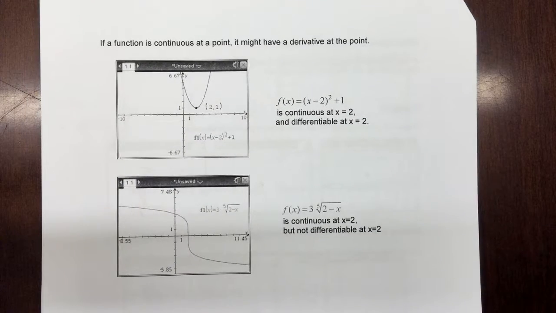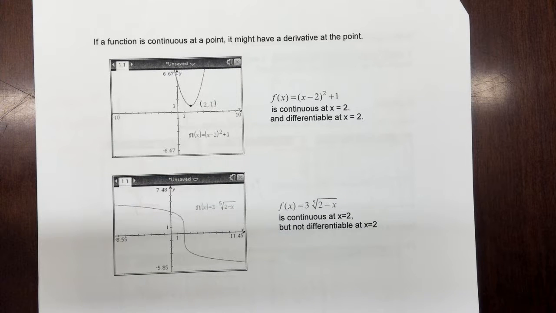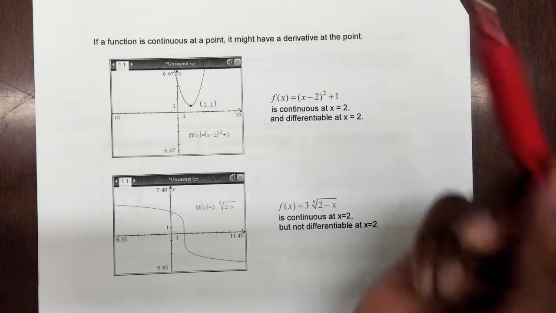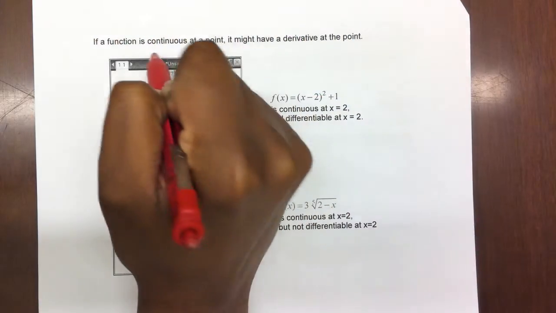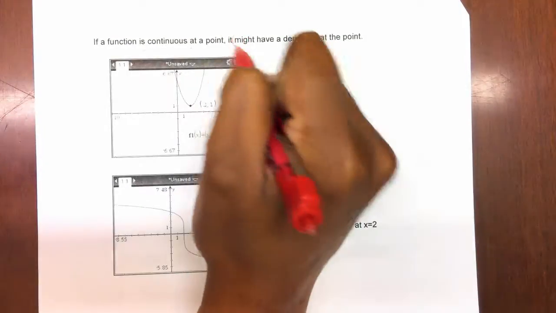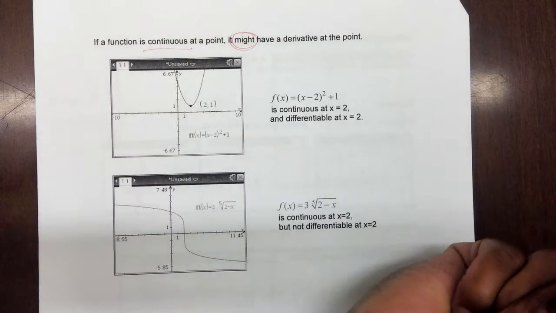So on that last page, we ran into a function that was continuous but not differentiable. So if we look at this next page, we know that if a function is continuous at a point, it might have a derivative.